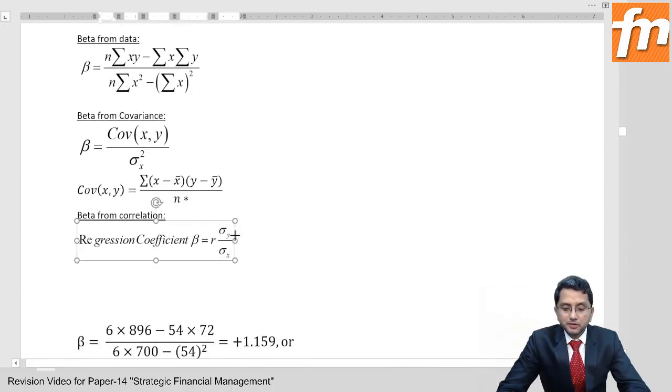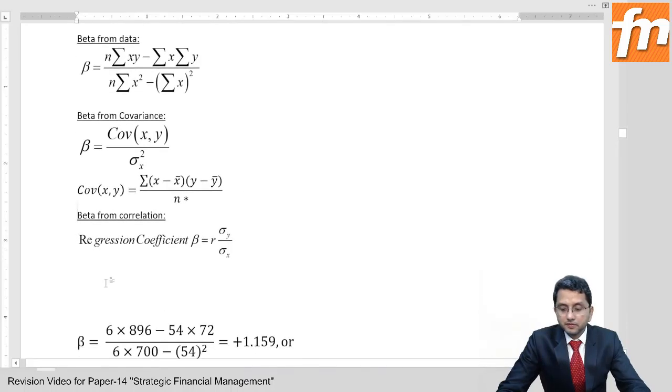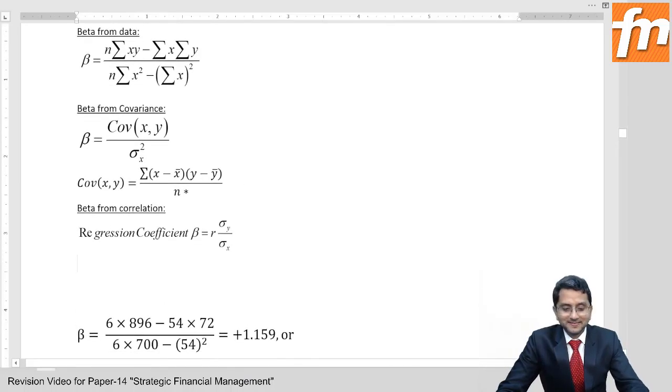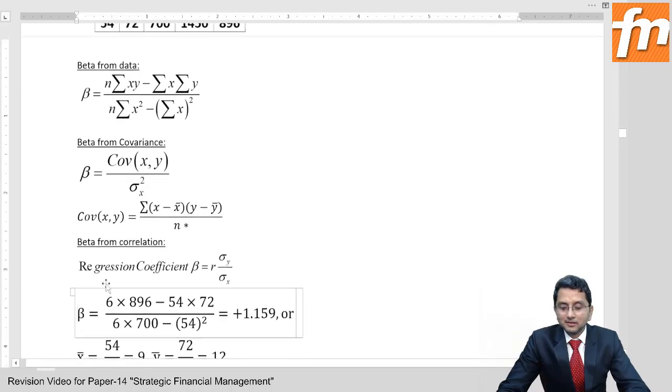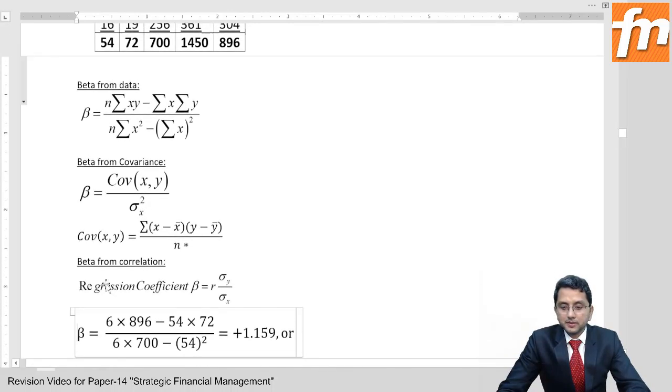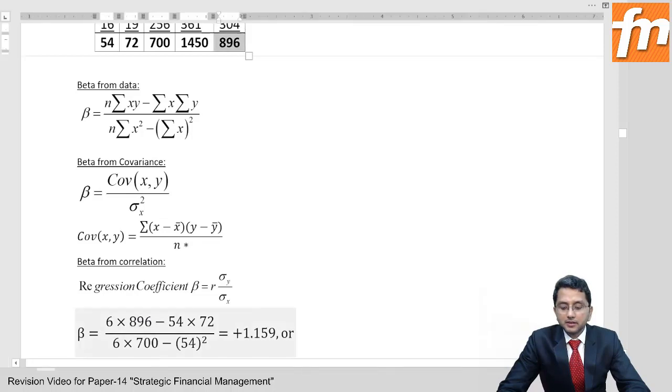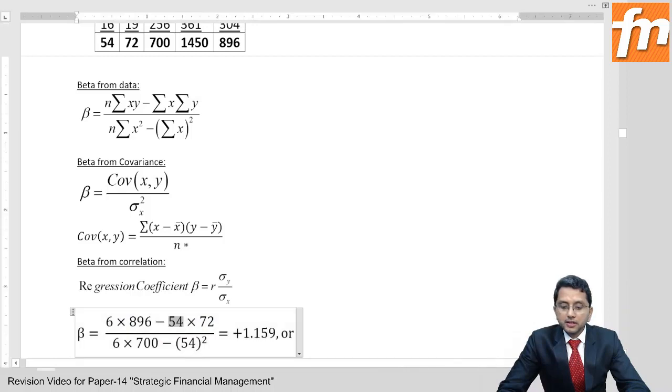Look at this. Summation xy is 896. You can see here 896, and summation x into summation y here.